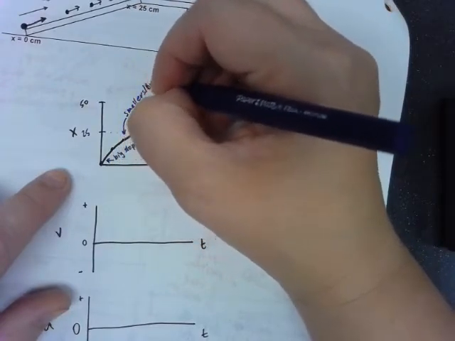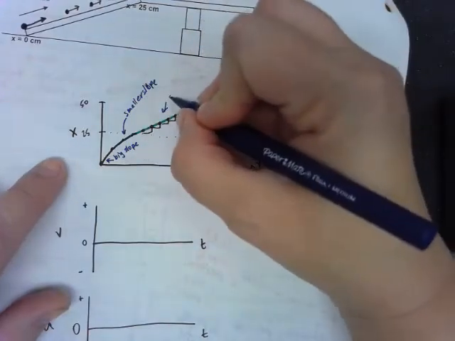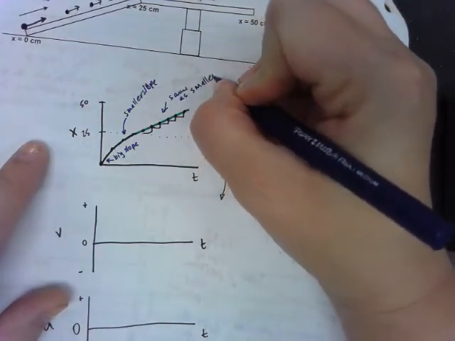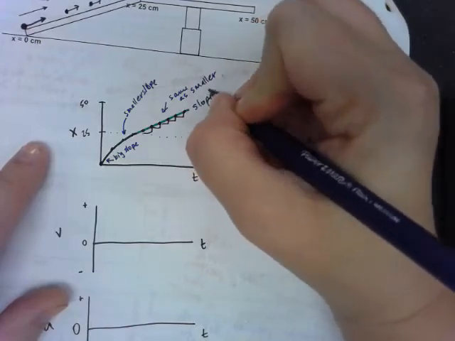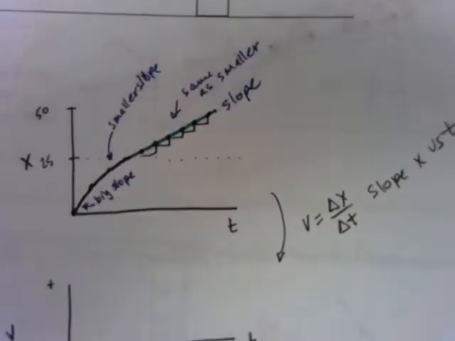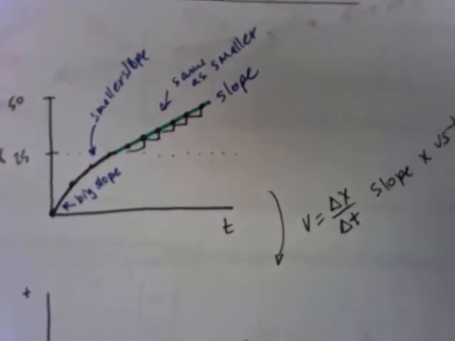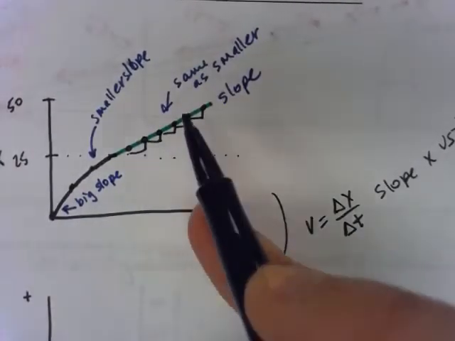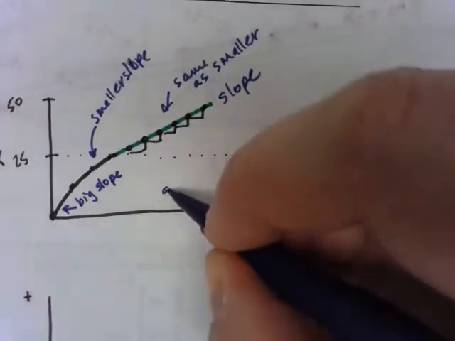Smaller slope. And then this is the same as the smaller slope. Wrote it really tiny, sorry. So we've got a bigger slope, a smaller slope. Over here, it's the same as the smaller slope, and it's always positive.